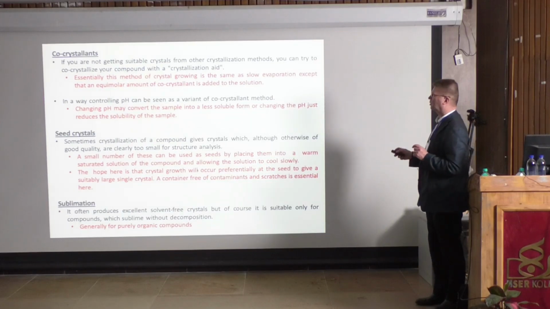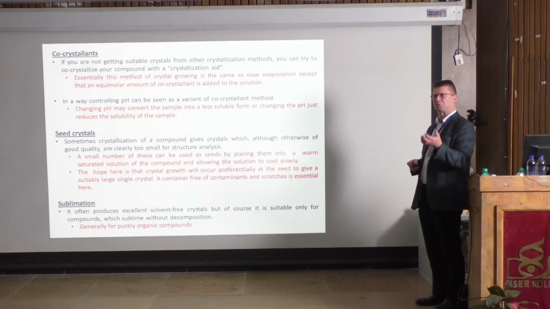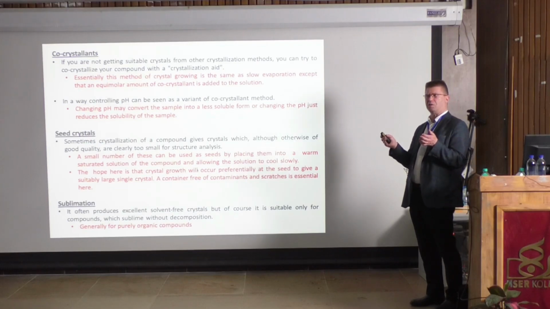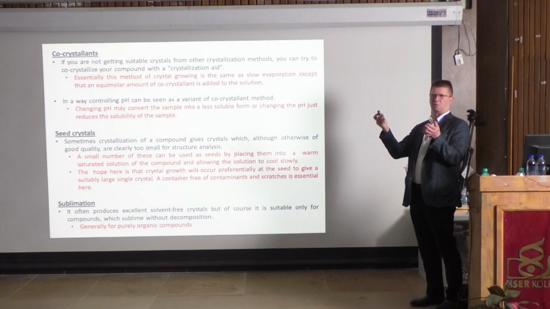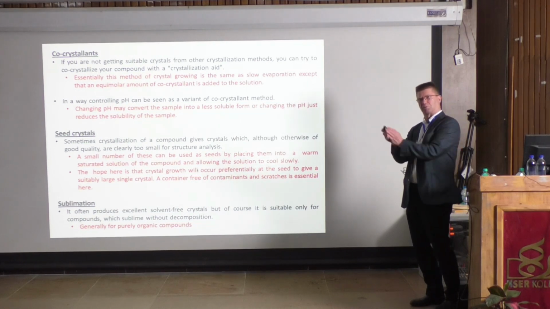And then we are talking about co-crystals. So we add a component B. Let's say that we have a component A, it doesn't crystallize, whatever we do. But then we think, okay, maybe if we add a component, a molecule B in there, and crystallize them together, they make a one-to-one complex, and this complex then crystallizes.